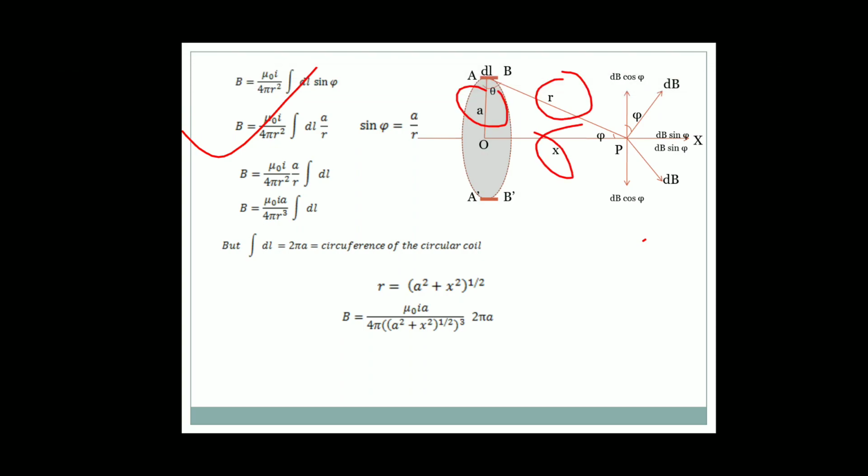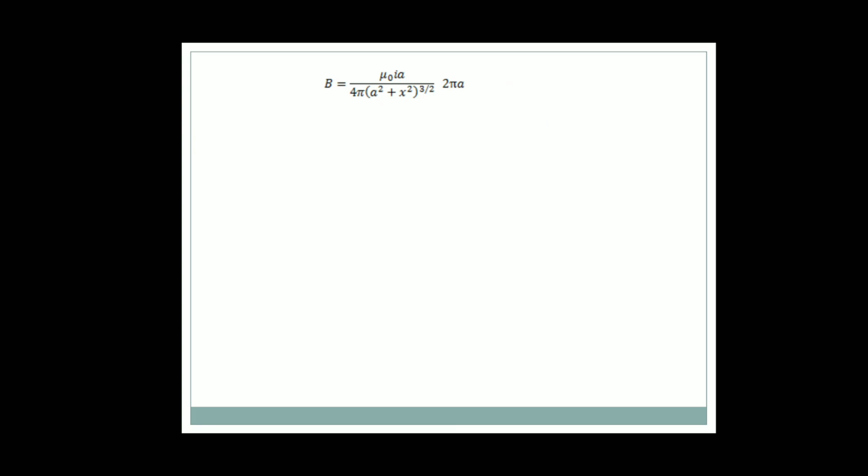When we substitute all these values into the above equation, B is equal to mu naught I a by 4 pi into (a square plus x square) whole to the power 3 by 2 into 2 pi a. After consolidation, B is equal to mu naught I a square by 2 into (a square plus x square) whole to the power 3 by 2.